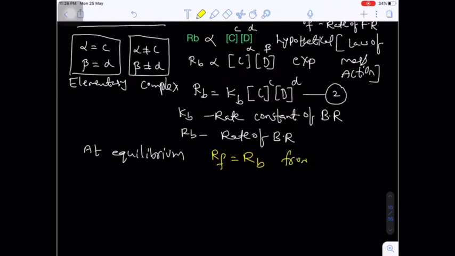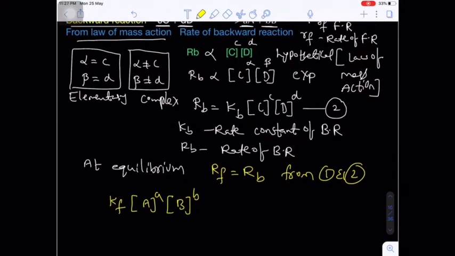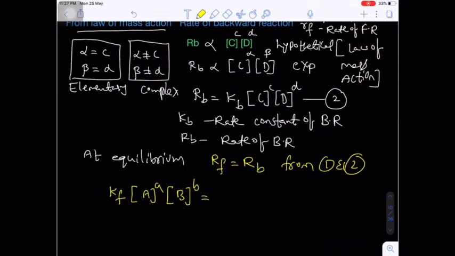So from equation 1 and equation 2, shall I write Kf into A to the power small a, B to the power small b. That is the equation 1. In equation 1, on the right hand side, Kf into A to the power a into B to the power b. In equation 2 on the right side, Kb into C to the power c into D to the power d.